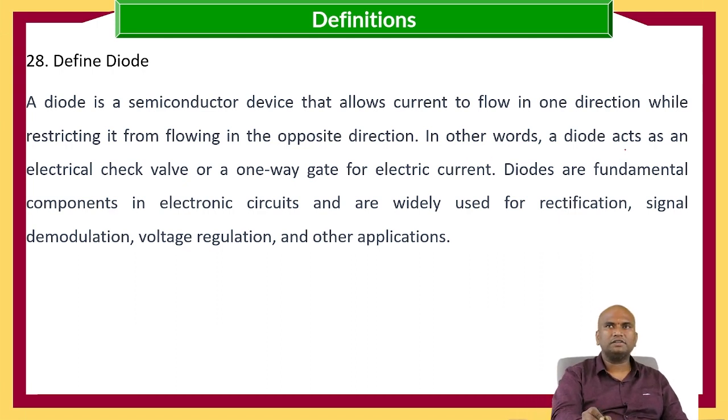In other words, a diode acts as an electrical check valve or a one-way gate for electric current. Diodes are fundamental components in electronic circuits and are widely used for rectification, signal modulation, signal demodulation, voltage regulation, and other applications.